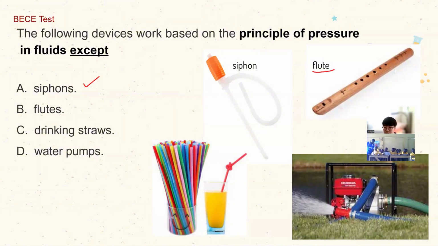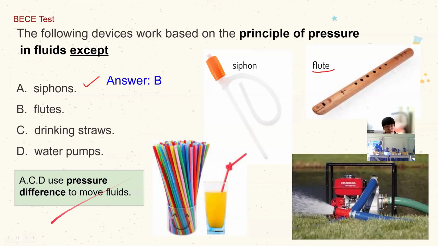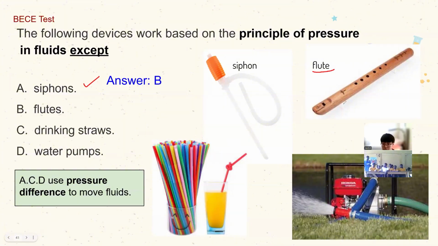A flute is very similar to a recorder. But recorders actually use a pressure difference of air. So here, the recorder uses the flow of air, the principle of pressure of air, and not the pressure of fluids. So it's not a flute.